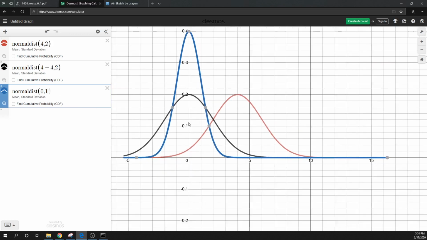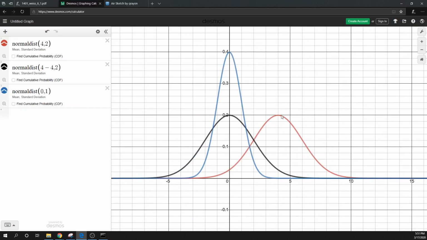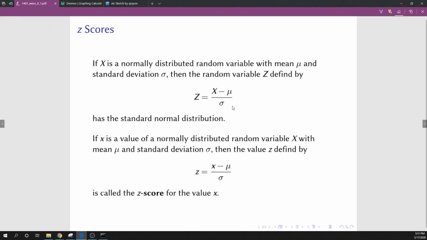So in effect, what you're doing is shifting the original distribution over and then scaling it so that it has the mean at 0 and a standard deviation of 1. And that's kind of what the Z random variable is.